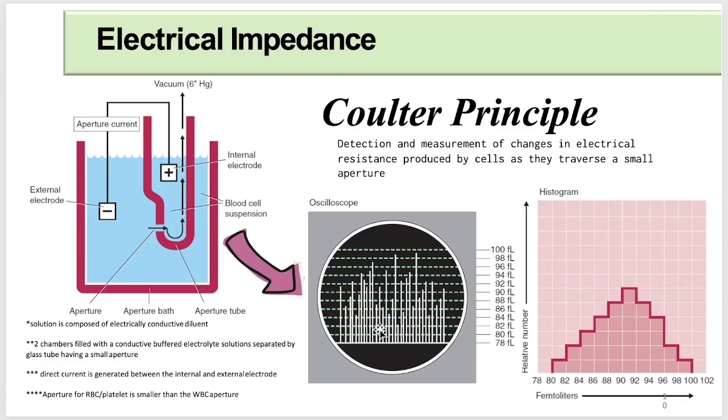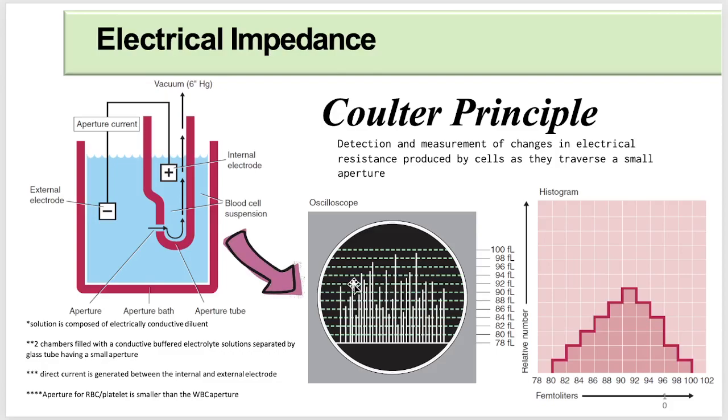The number of pulses is proportional to the number of cells counted. So however many pulses there are, that is the number of cells you were able to identify. However, the height of the voltage pulse is directly proportional to the volume of the cell.